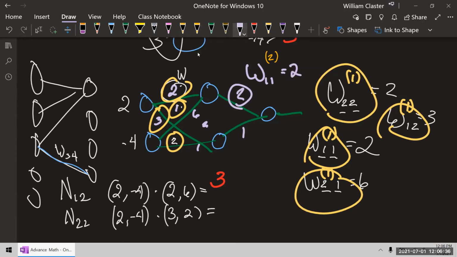And then this one is called W21, and this is in layer 2. So that is equal to 1. This value here is 1. Anyway, we'll use this notation.